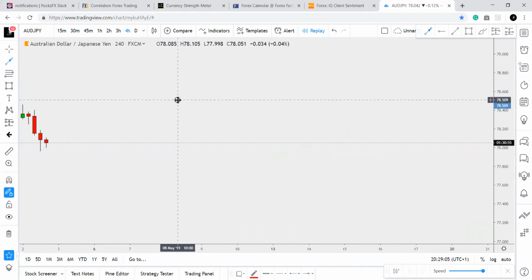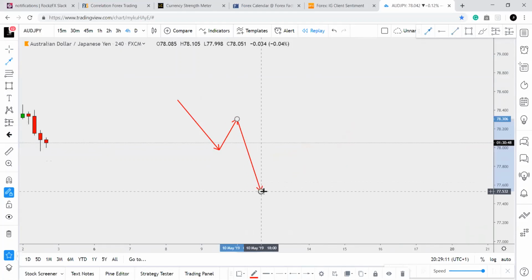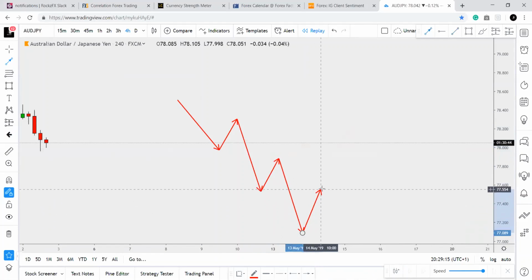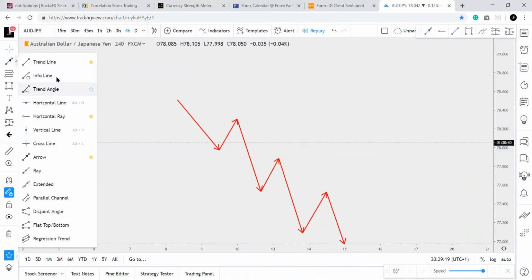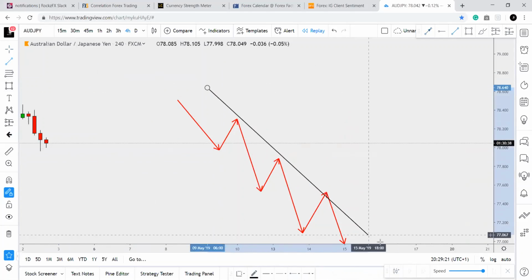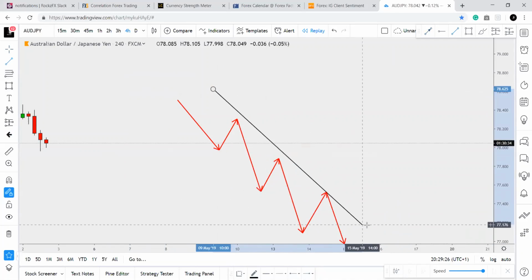So if we're pushing to the downside, we are pushing, pulling back, pushing, pulling back, pushing, pulling back, pushing, okay? And what we want to see is clear market structure. If this is evident to you, then you can take the trade, okay, based off a trend line.